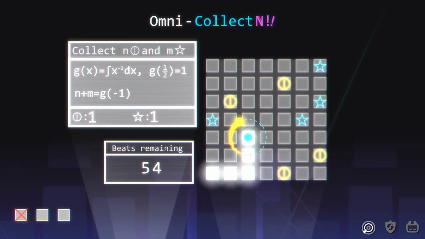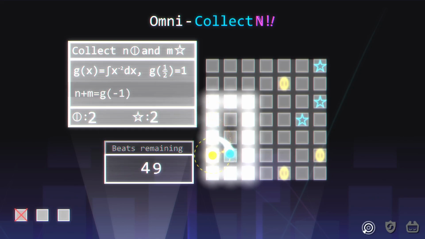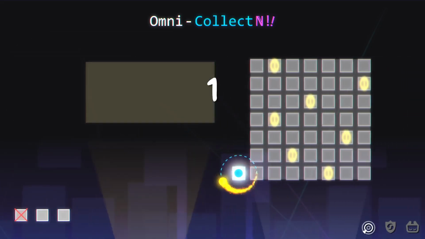Okay, let's try 2 of each. Because it shouldn't matter. It should just matter that it totals to 4. I will be upset if you have to make the distinction. Okay.